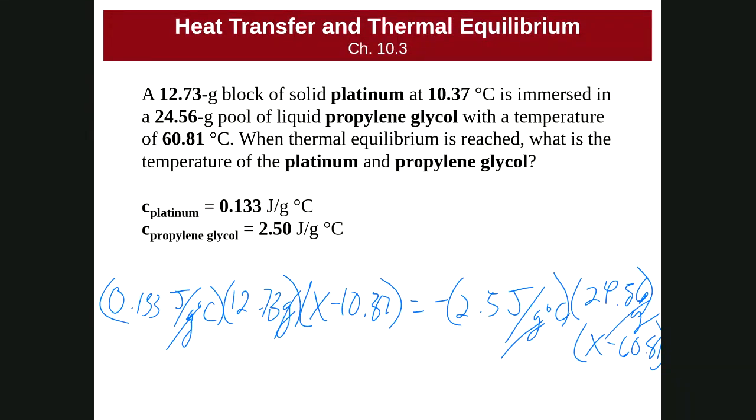So we've got 0.133 times 12.73. I'm going to say that's 1.693, and that's going to be joules per degree Celsius times X minus, multiplying that by 10.37, that's going to be 17.56.